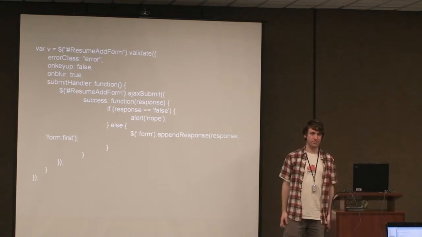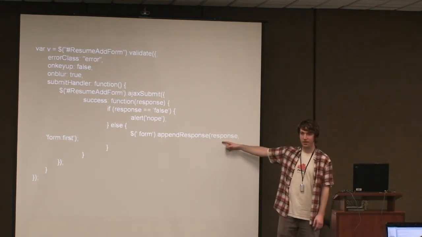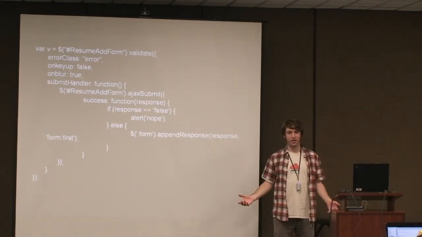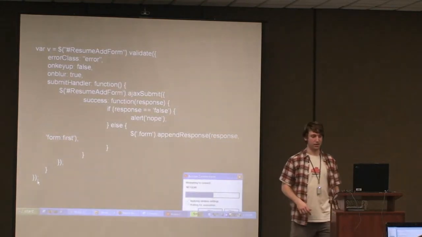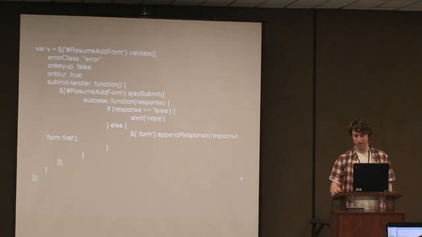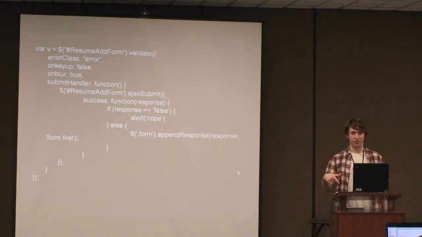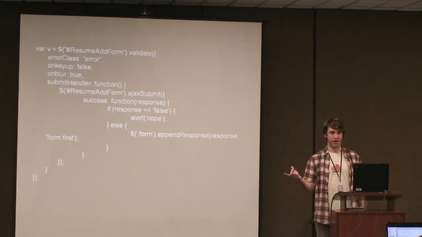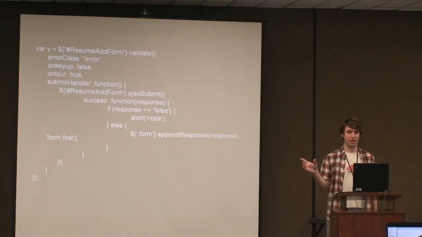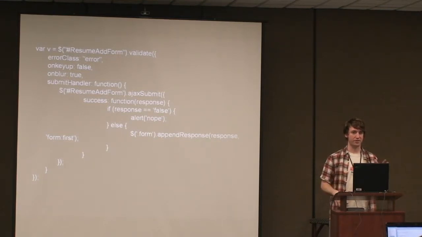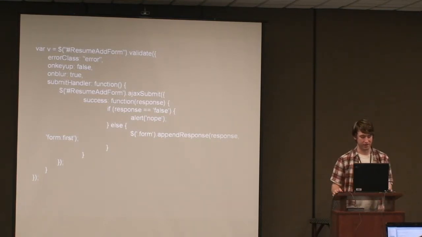And my plugin does the logic which basically fades out the first step form and fades in the second step form. Then it also takes the ID of the record and appends it to the first form. So you'll see that in action.